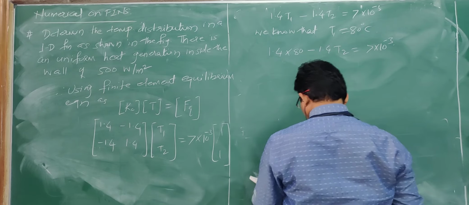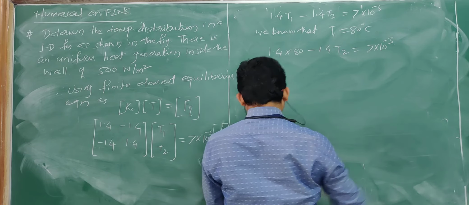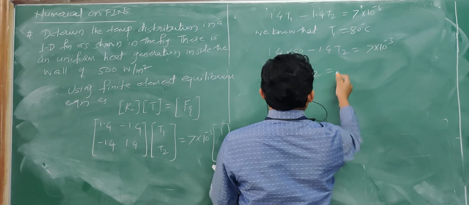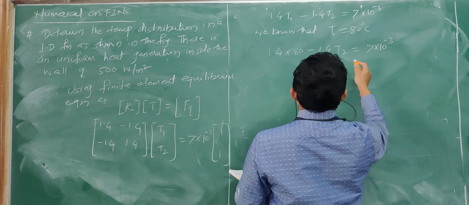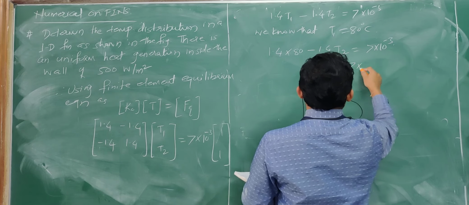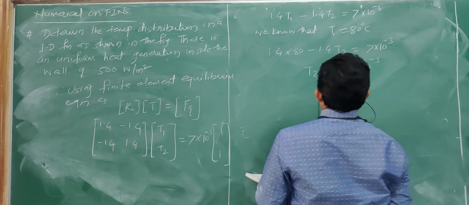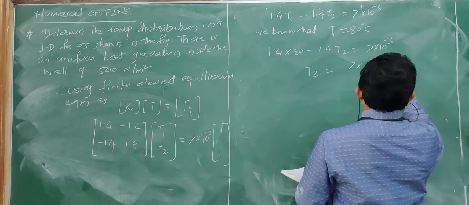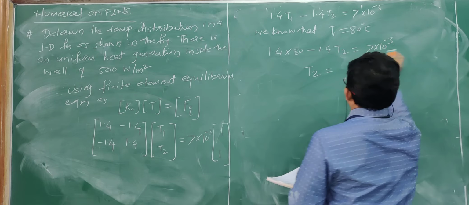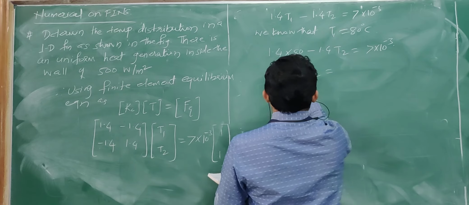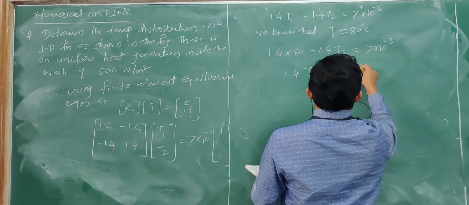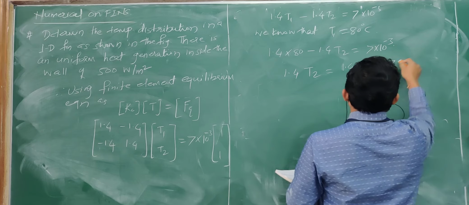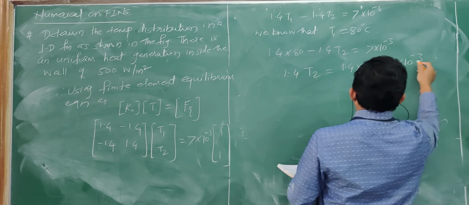From this I can calculate T2. So 1.4 T2 will be 1.4 into 80 minus 7 into 10 raised to minus 3.